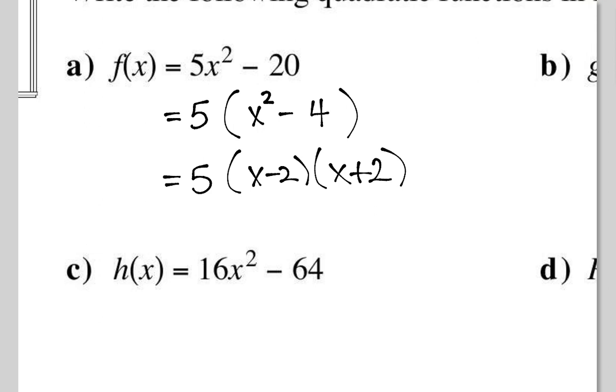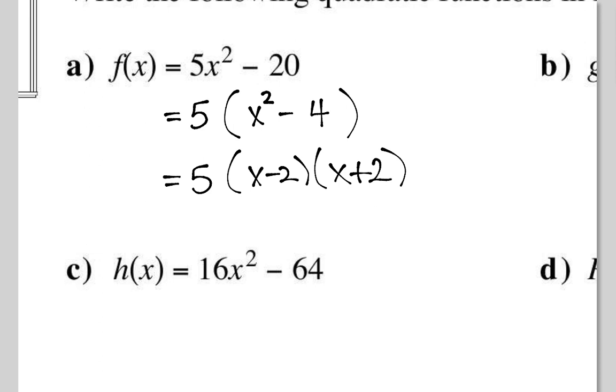Okay, let's look at h of x here. So, guys, what you can do, 16 and 64, they're both even, so I know they divide by 2. But is there a better factor? The best way to do this is to check if 16 actually is a factor of 64.